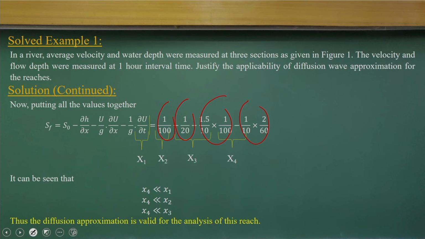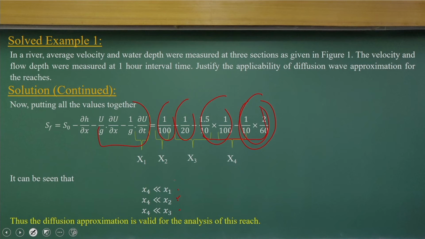If I try to look at that, you can easily find out this x4 part is much lesser than x1. These two terms are much lesser than these two terms.